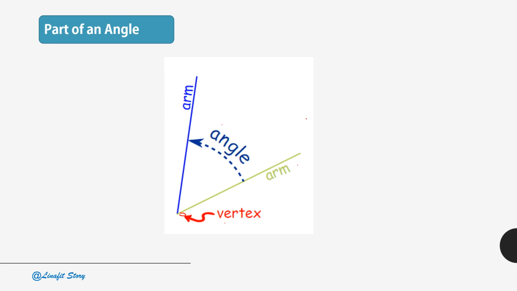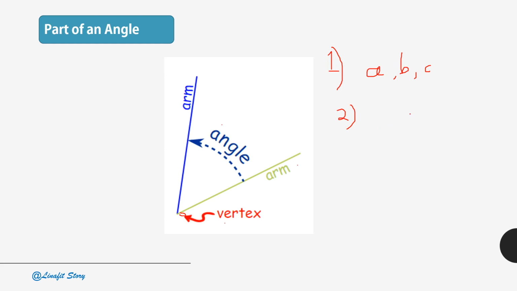How to label angles? There are two main ways to label angles. Give the angle a name, usually a letter like A, B, or C. And then the second, by the three letters on the shape that define the angle, with the middle letter being where the angle actually is, the vertex.